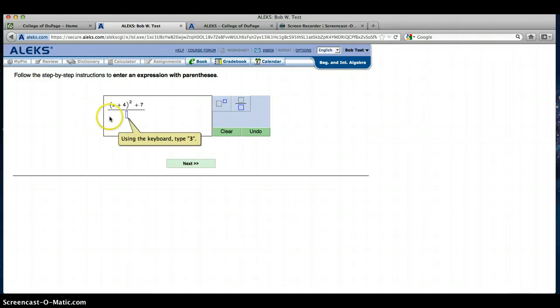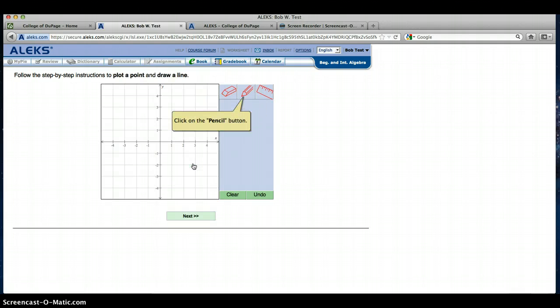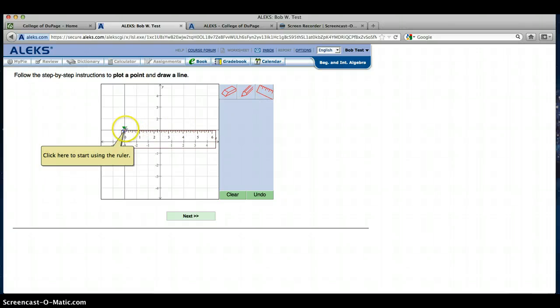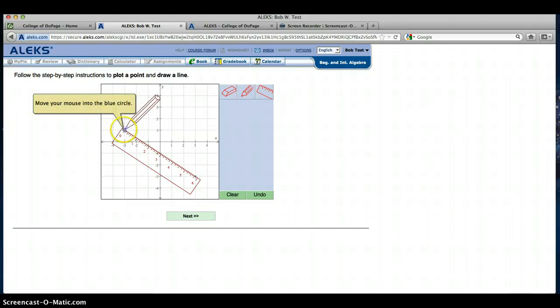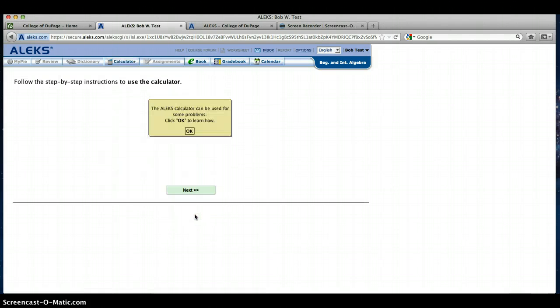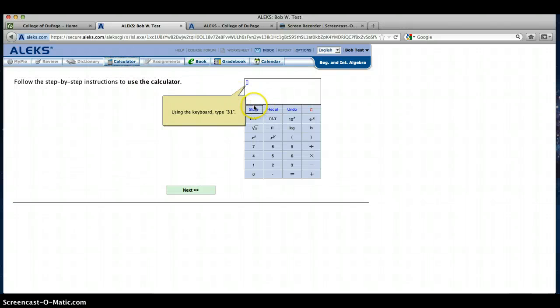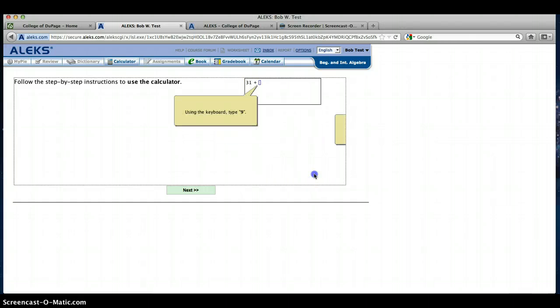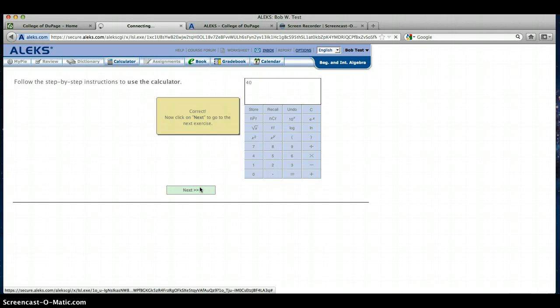Fraction bar over 3. Okay, just learning how to use the interface. Calculator problem, click on calculator, 31, addition, 9, equals, next.